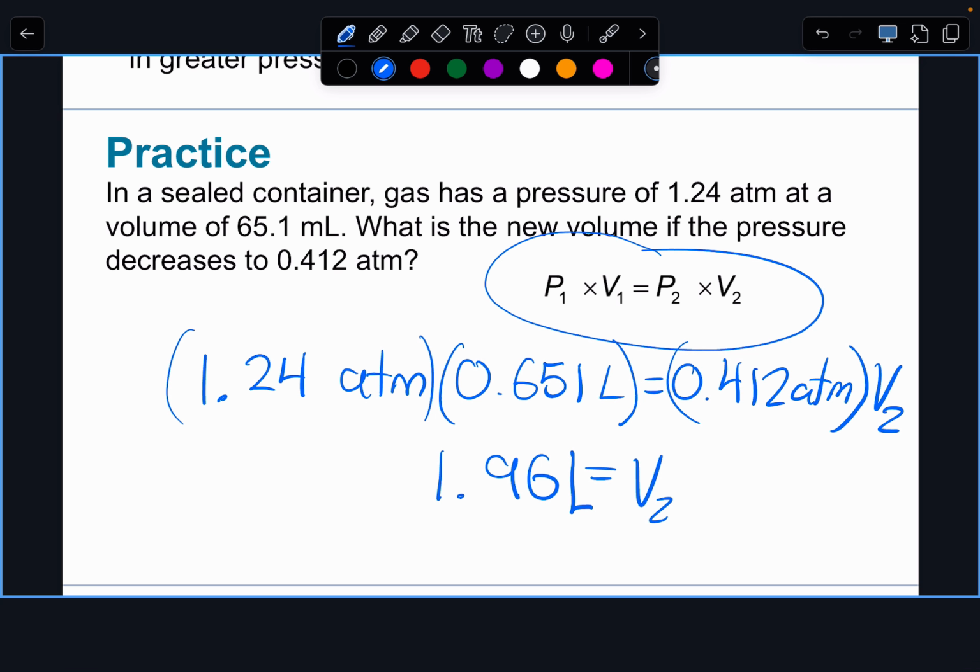Did I get it wrong? 0.651? Oh, because it's 65 milliliters. So it should be 0.0651, right? Which changes our answer to what? 0.996. Whoa, wait. That's way too small, though. Okay, hang on. Oh, I guess I would have been comparing it to the wrong thing.